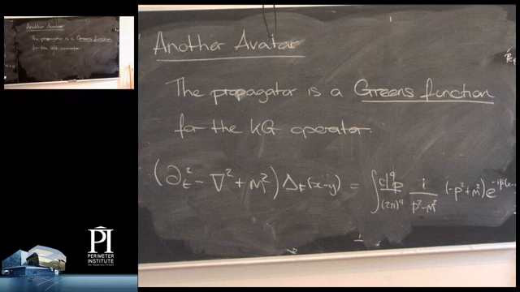So this operator is the Green's function for the Klein-Gordon operator. So what does that mean?